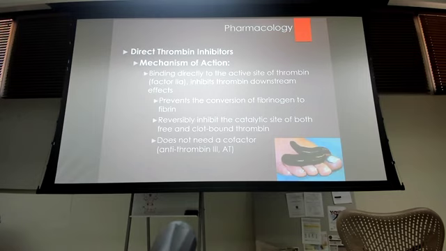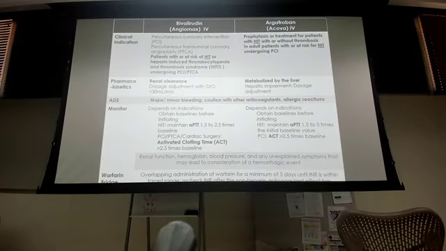They don't need a cofactor. And we talked about how they inhibit both free and clot-bound thrombin. So it works better in acute situations, it works during HIT, and they're useful in the PCI lab, right? The cardiac cath lab. And here is the slide talking about both of the medications, basically a table of what we just discussed.